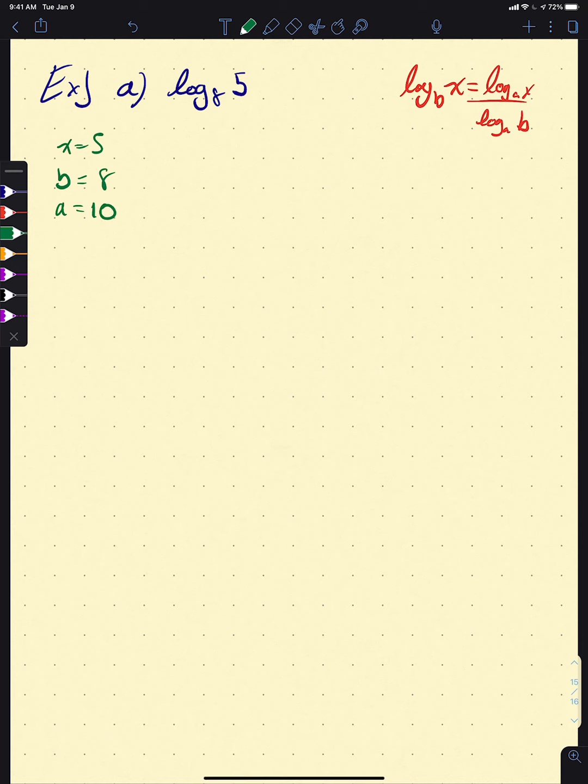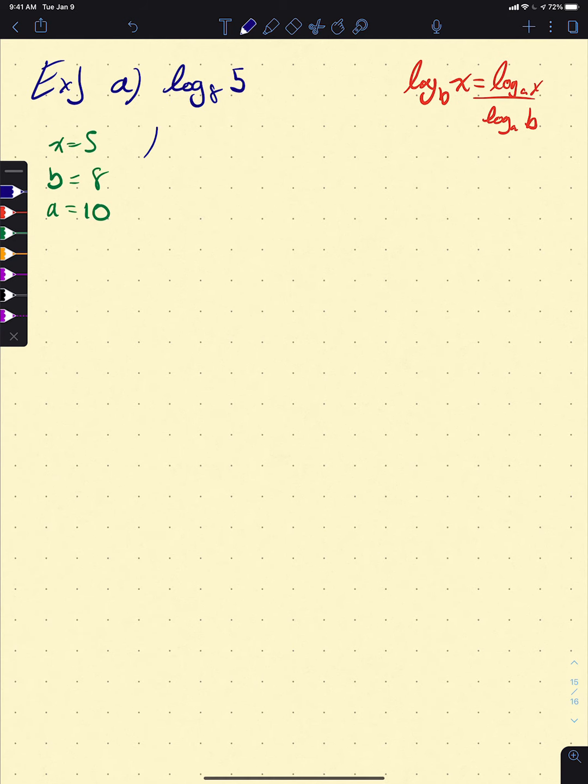The beautiful thing is it's going to output the same no matter what your choice for a is. Let's work this out. We have log base 8 of 5. That's going to be log base 10 of 5 divided by log base 10 of 8.